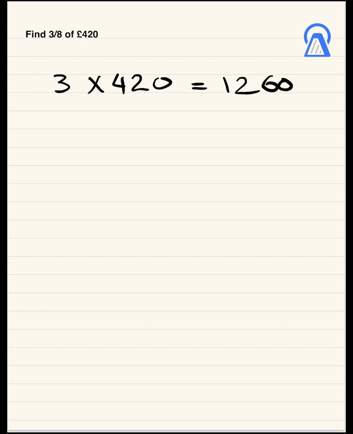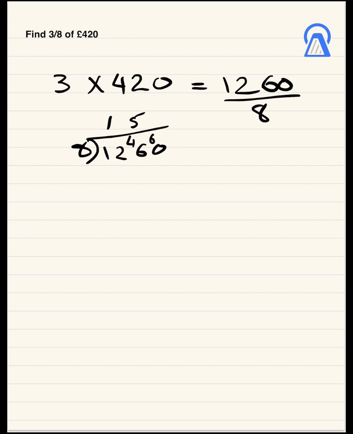1,260. And then we can divide that by 8. So again, we could use bus stop method for instance here. So 1, 2, 6, 0. So 8 goes into 12 just the once, leaving you with 46 remaining. 46 then divided by the 8 would give you 5. And 5 times by the 8 is 40.